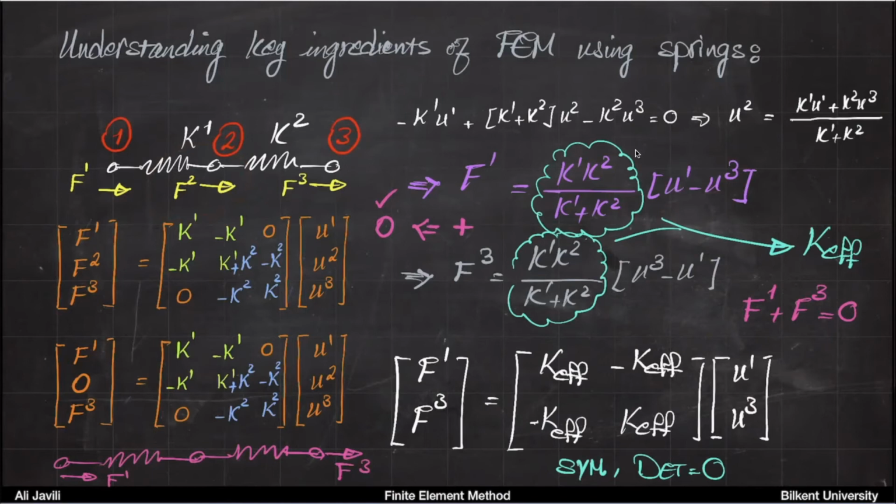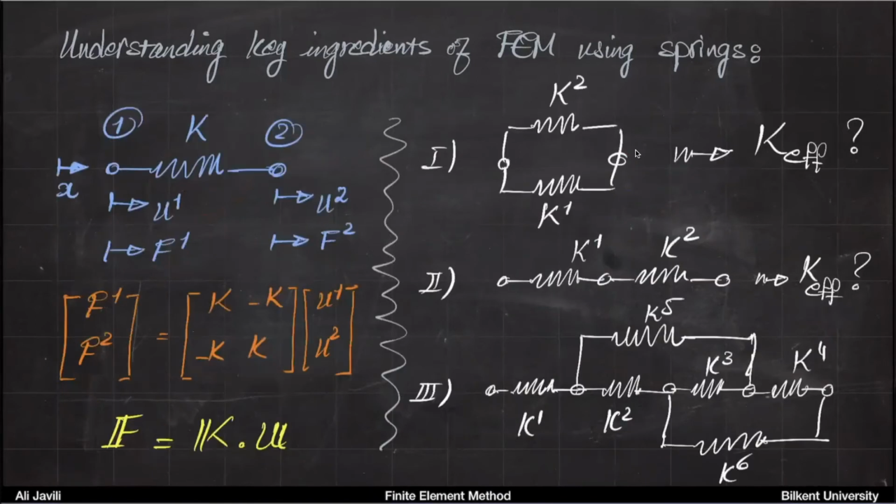Very good. So if you remember where we started this, I'm going to come back to that slide again. It was this. So we wanted, based on what we have learned on how to handle one spring, to solve for two springs in parallel, two springs in series, and now we want to do this one, which is neither parallel nor series.